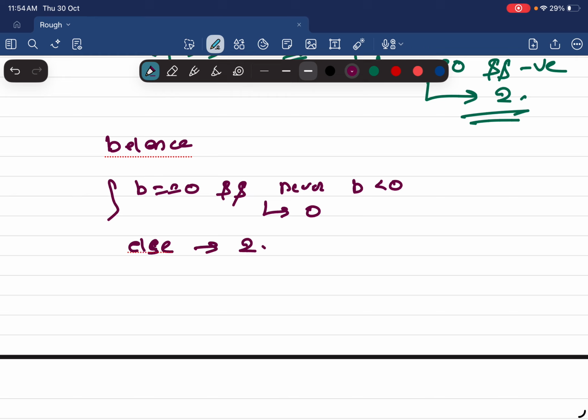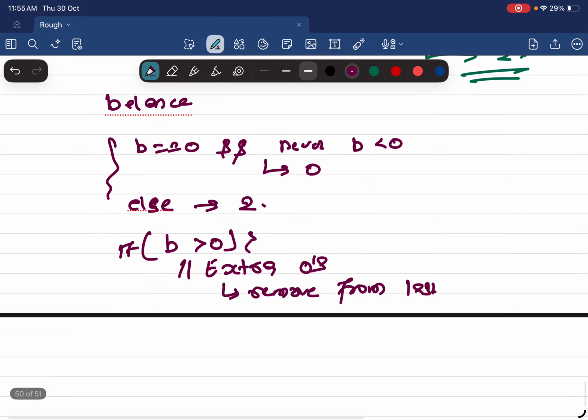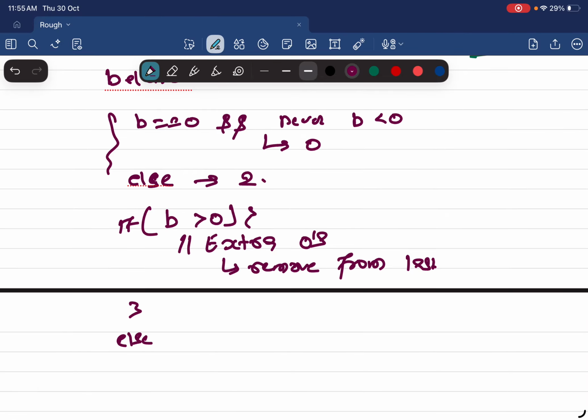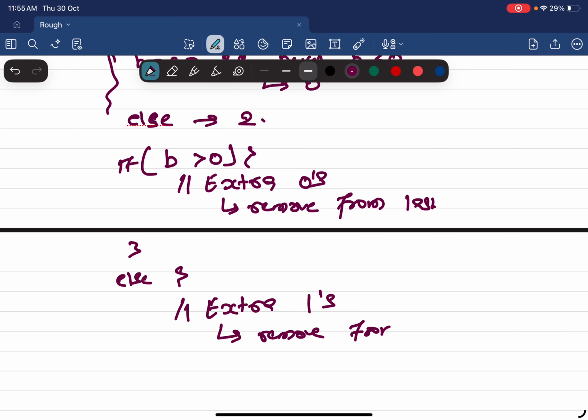Now after this, if balance is greater than 0, it means you have extra zeros and you will remove from the last. Else, if balance is less than 0, you have extra ones and you will remove from the beginning.